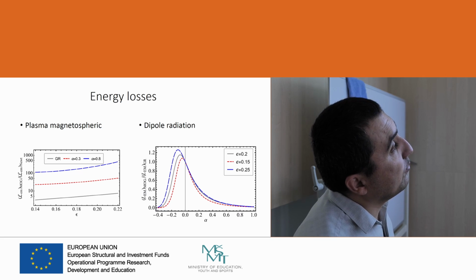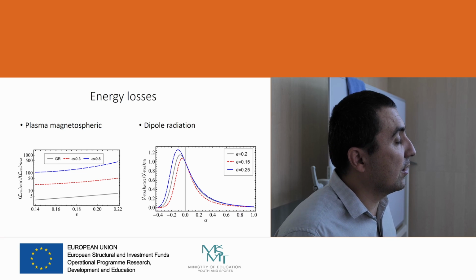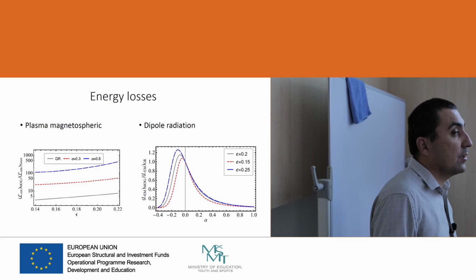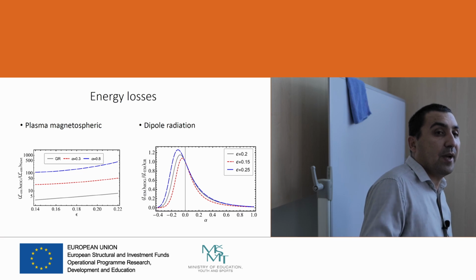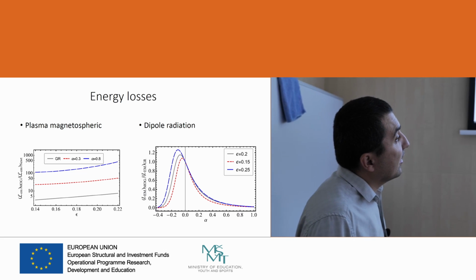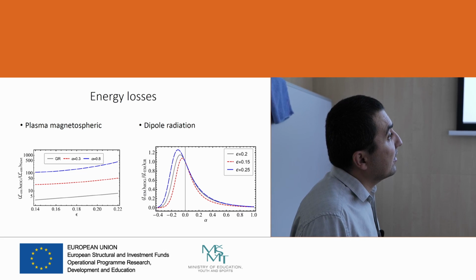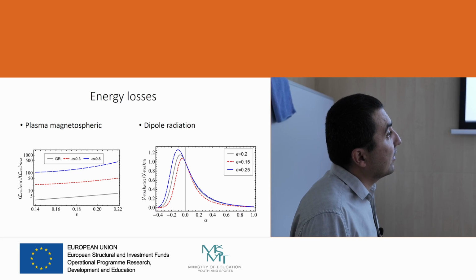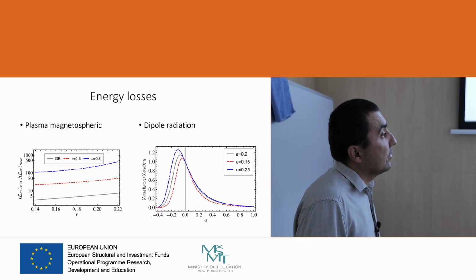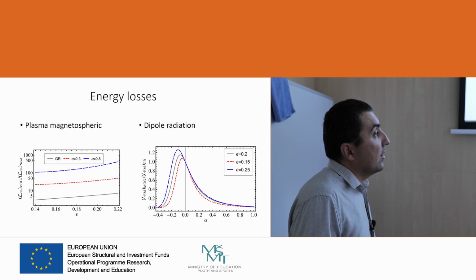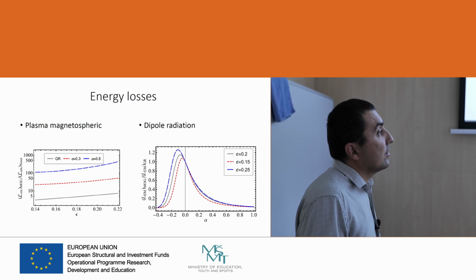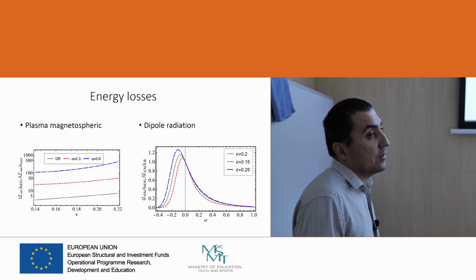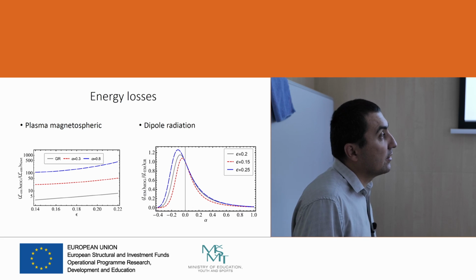But dipole radiation, we know, does not depend on the mass of the star, and at zero this is equal to 1, the same as GR. But in the presence of the alpha parameter, it becomes dependent on the mass and the radius of the star.